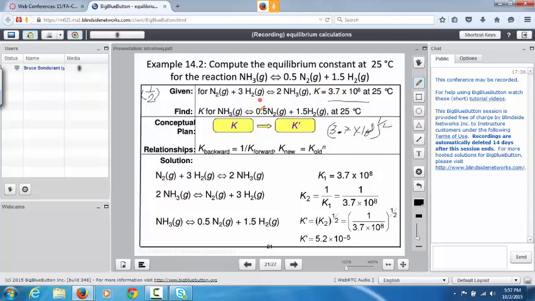Now you're reversing that, so that means it is 3.7 times 10 to the 8th to the negative 1/2 power.